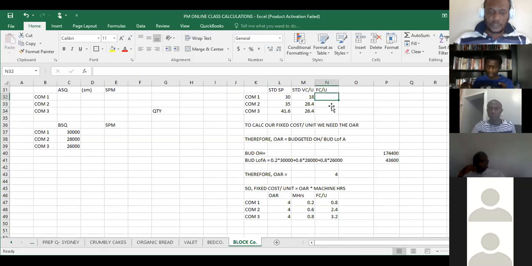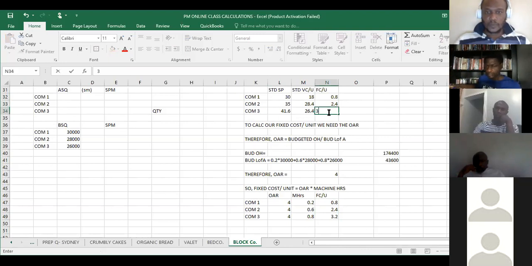So 2.4, I'm not ready to start dollarizing anything. And 3.2. All right, so with that, we can get our standard profit now, right?